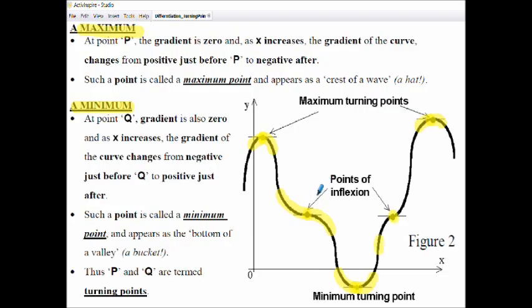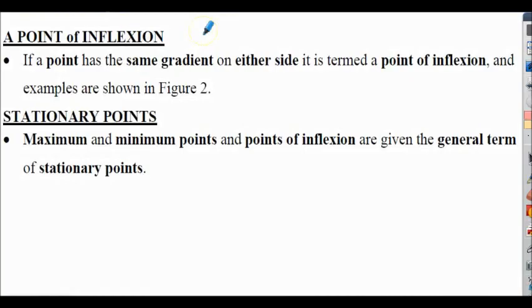We've got a positive gradient prior to the point of inflection, decreasing in its sense to zero, but then it's increasing in the positive sense afterwards. So that's a point of inflection. So just to clarify, we have turning points that can be a maximum or minimum, or we can have a point of inflection. And just note that maximums and minimums and points of inflection can all be termed stationary points.